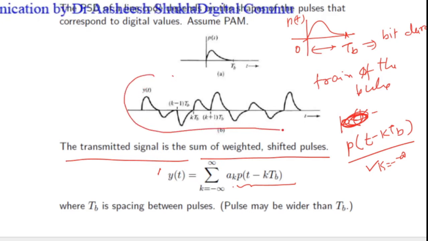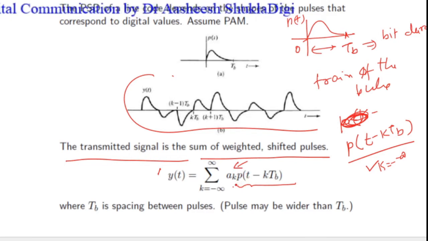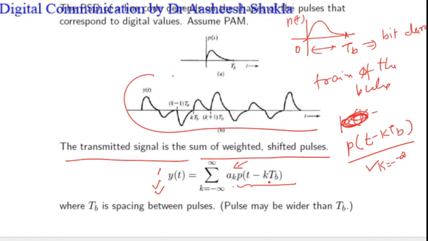So if the strength of the kth pulse is a_k, then the transmitted signal y(t) can be represented as the summation over k from minus infinity to infinity of a_k p(t minus k Tb).